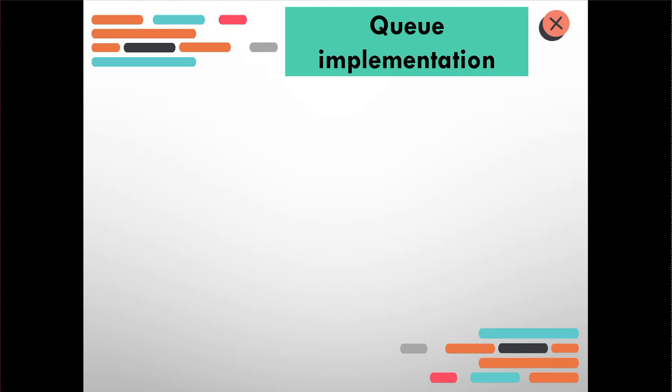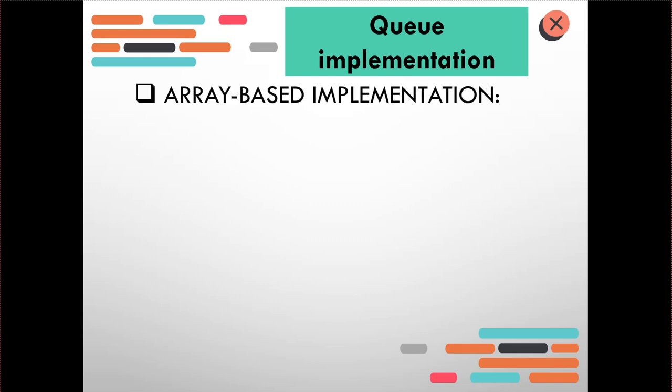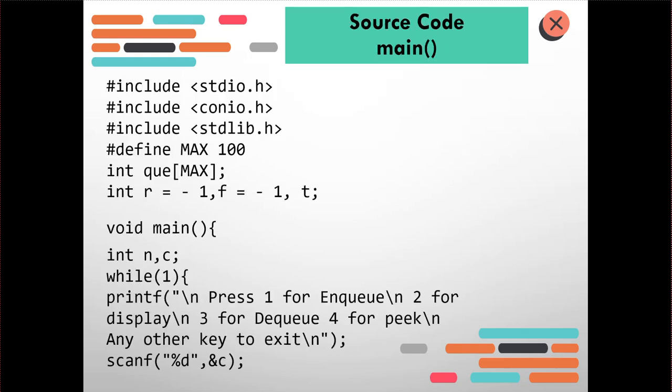Now for queue implementation, as far as writing code is concerned, we will be doing an array-based implementation and writing pseudocode for the same. So here is the first part of the C code for the queue implementation.